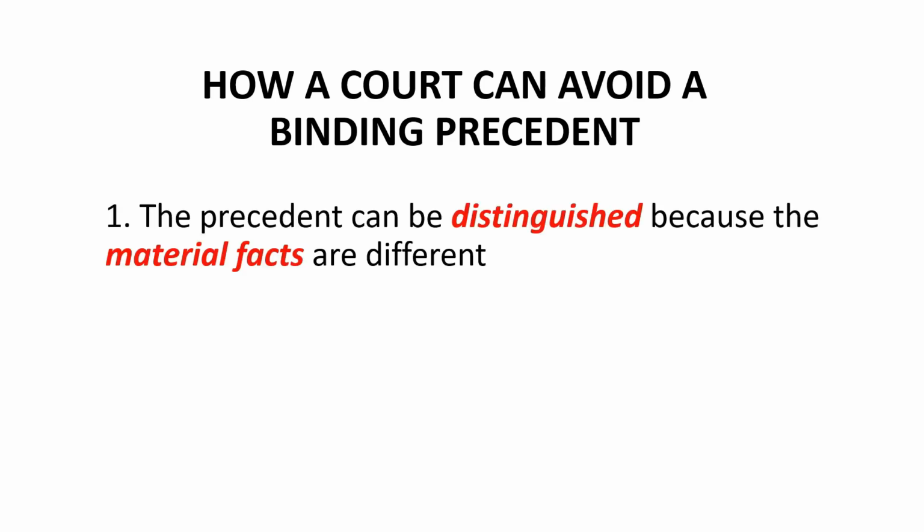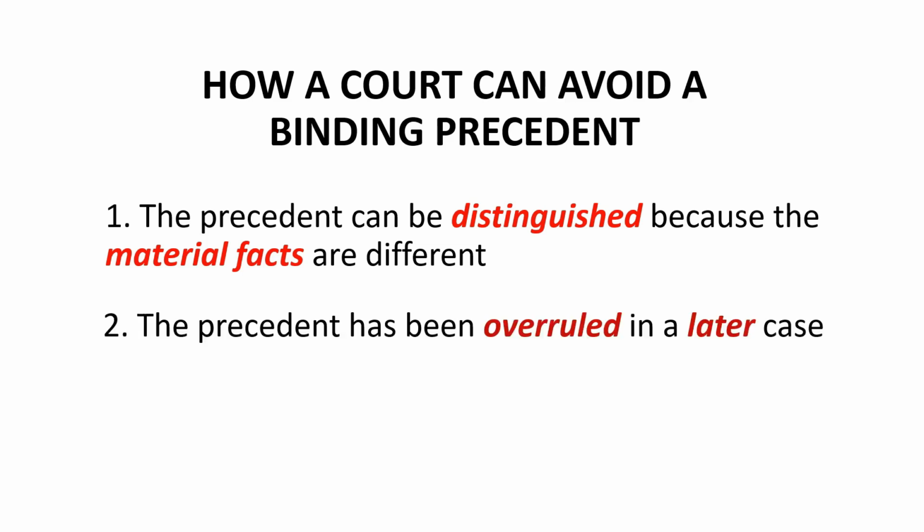First, a court can avoid a binding precedent if it can distinguish that precedent because the material facts of the case in which the precedent was set and the material facts of the case that is being decided by the court are different. Second, a court can avoid a binding precedent if that precedent has been overruled in a later case.